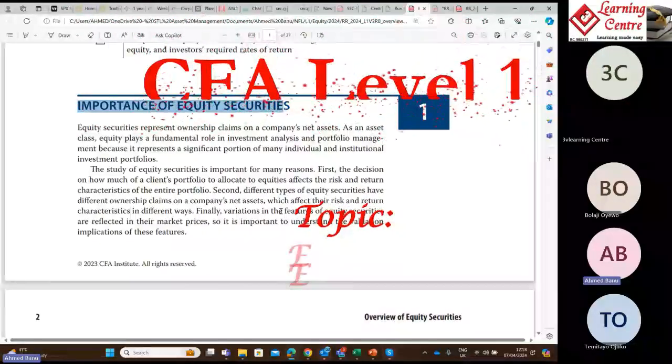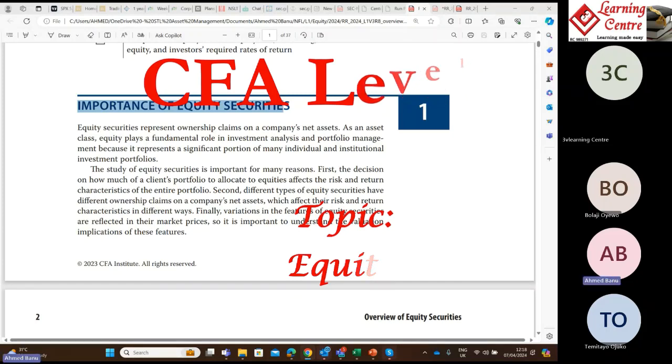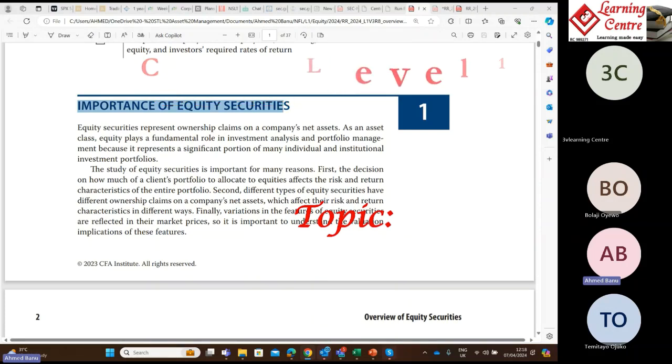Stocks are generally ownership, evidence of ownership claims on the company's net assets. So basically it shows that you have an ownership stake in the company, and as a result of your ownership stake, you have claims to the company's net assets.